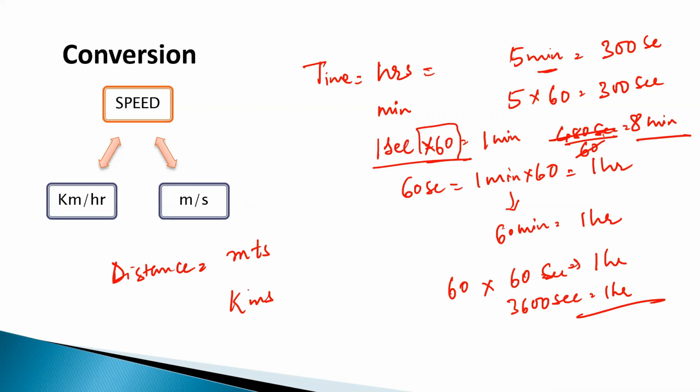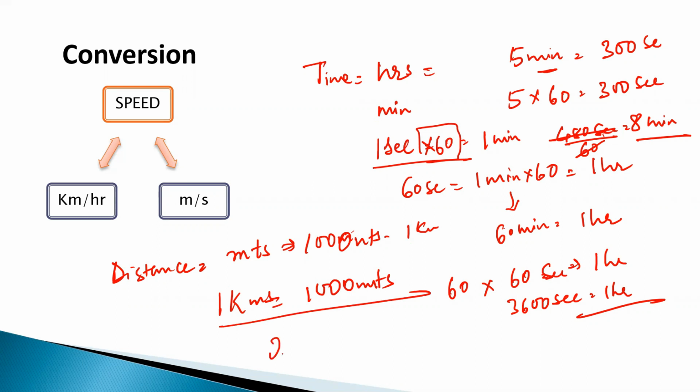I would rather say you just focus on these two only rather than focusing on many other units of distance. So an important note is like 1,000 meters makes 1 kilometer. Or else you can say 1 kilometer is equal to 1,000 meters.